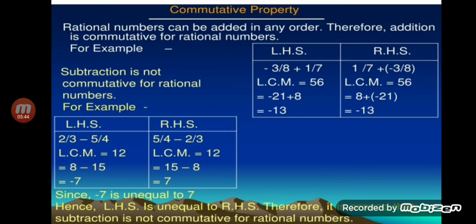If you take the example 2 by 3 and 5 by 4, when you subtract, 2 by 3 minus 5 by 4, you will get minus 7 by 12 in LHS. In RHS, 5 by 4 minus 2 by 3, LCM is 12, and 15 minus 8 is equal to 7. So minus 7 is not equal to plus 7. Therefore, LHS is unequal to RHS.